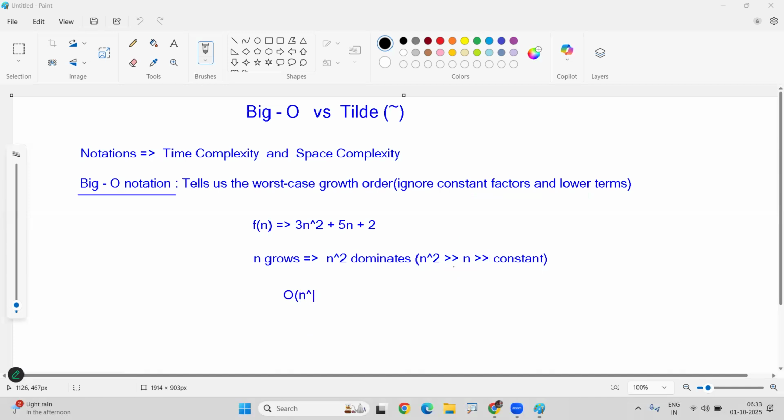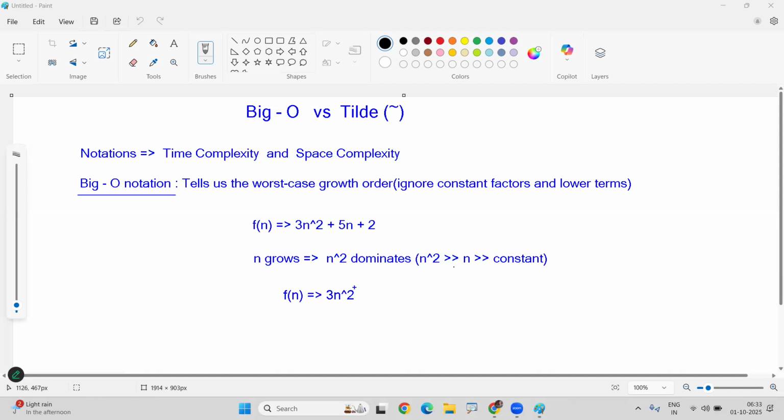We always drop the constant factors as well as lower terms.